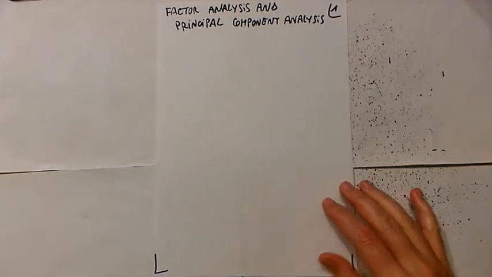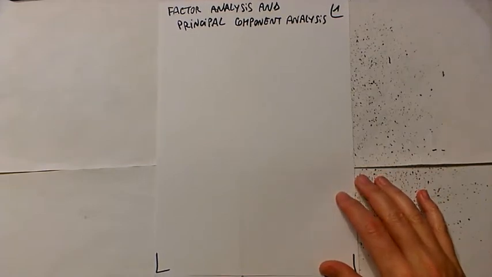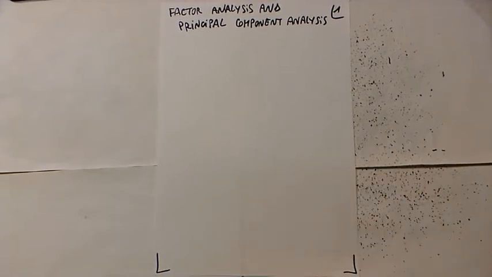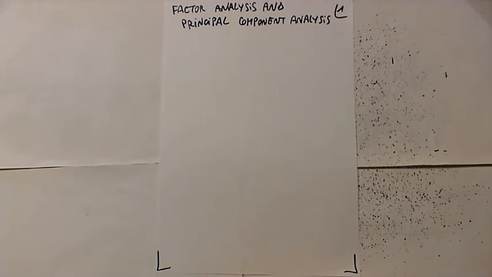I remind you that the multivariate statistical techniques included in the program of this course are mainly five: the basic matrix algebra, cluster analysis, multiple linear regression analysis, factor analysis and principal component analysis, and finally composite indicators.